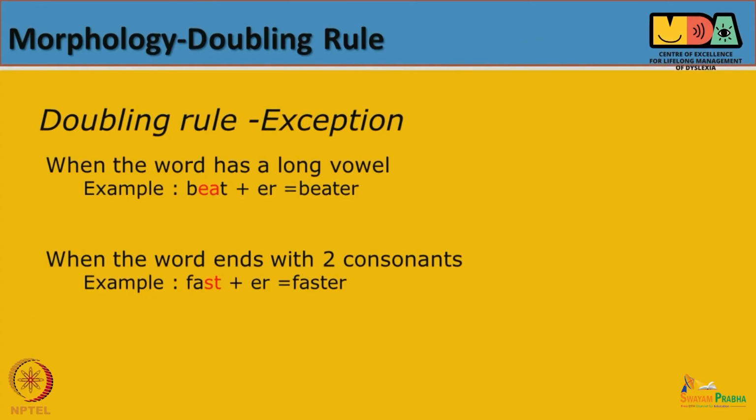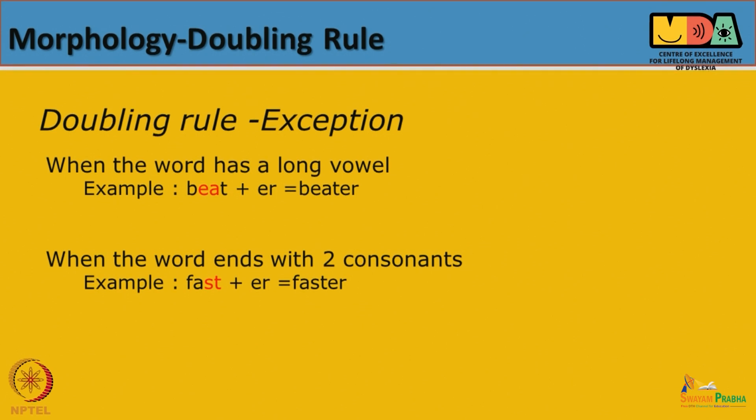Now, let us see, there are exceptions as always. What is the exception in this doubling rule? When you have a word with a long vowel sound, for instance, the word beat, E is a long vowel there, then in order to add your vowel suffix, you do not double the last letter.